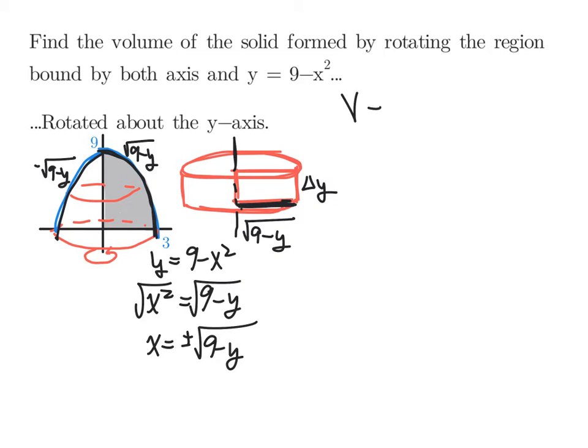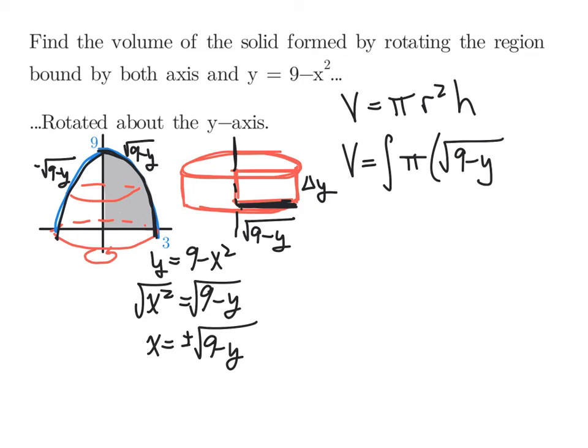We remind ourselves that volume is pi r squared times height. So when we turn this into a definite integral, it's going to be pi times the radius, which here is the square root of 9 minus y, squared. And our height, or the depth of this disk, is going to be delta y, which in terms of the integral is dy.